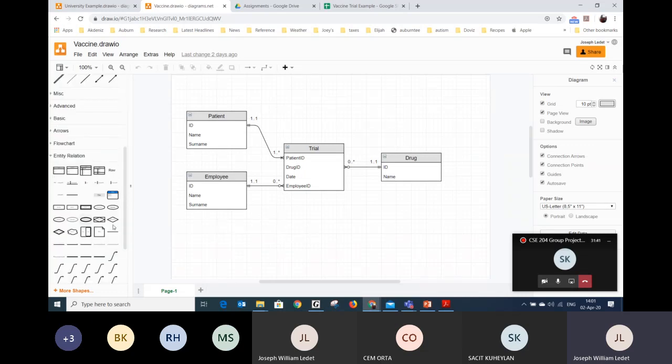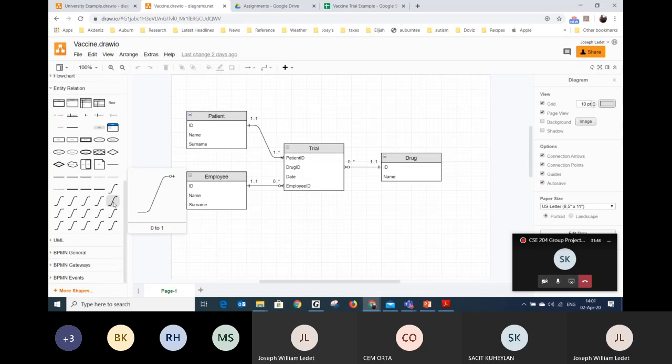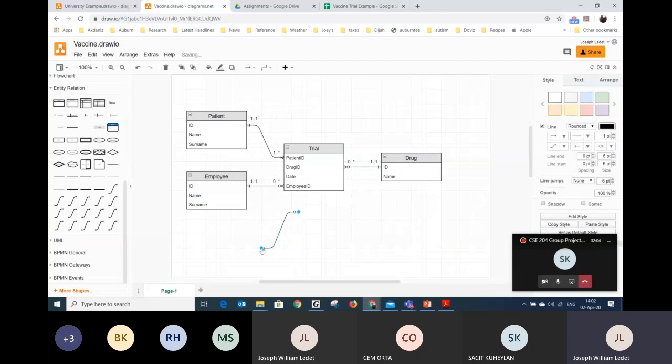So if we look at, like, what does many to many mean? That one we already have an example. What is a one to one mandatory optional?